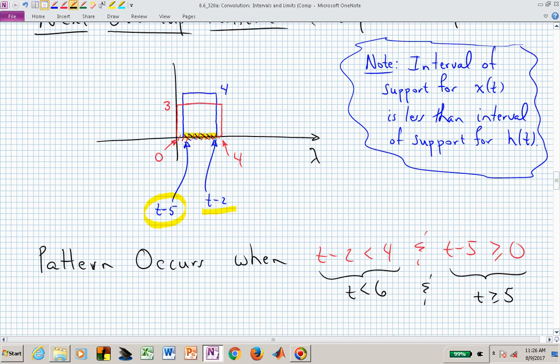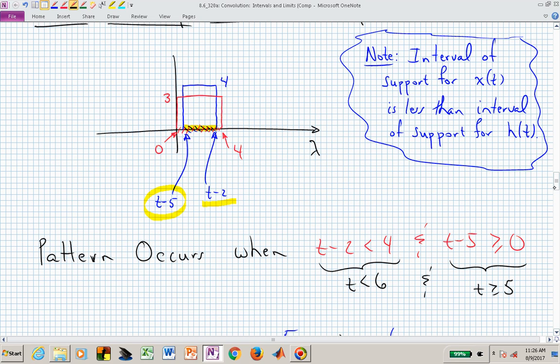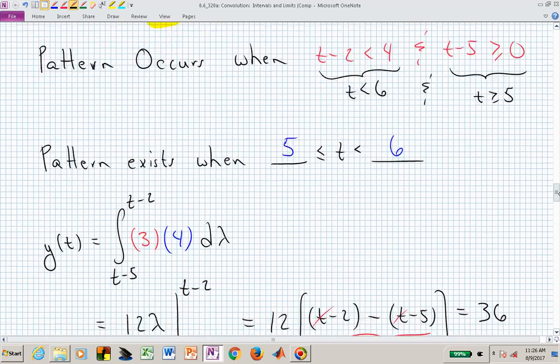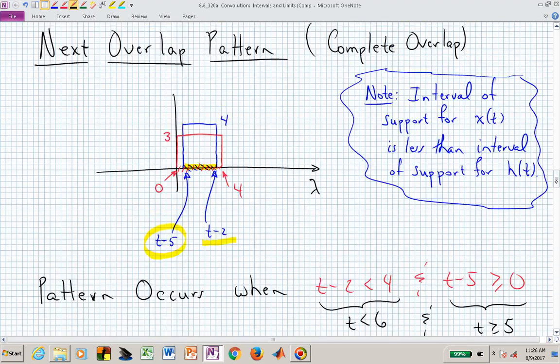So I have 3 times 3, and I'm now, oh, well, I really have 3 times 4, which is an amplitude of 12, over a width of 3 units. So I could find that by point multiplying these together, and at each point I see that I have 3 times 4, or a value of 12, and I now have that height of the product of h of lambda with x of t minus lambda over this width of 3.